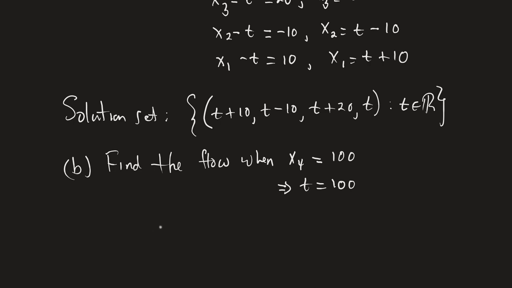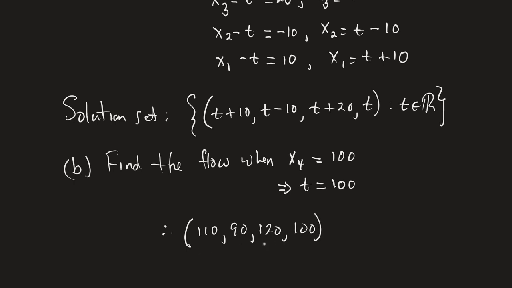So what do we have? 100 plus 10, so that's 110. 100 minus 10, so that's 90. 100 plus 20 is 120, and then 100 is in that fourth position.